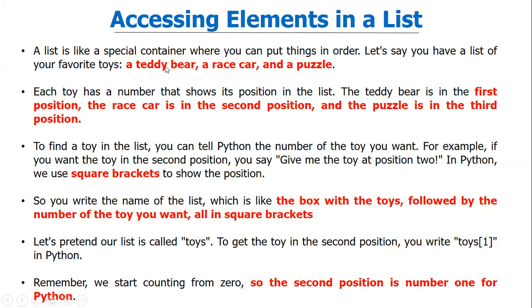This is 0. This is 1. So it's going to pull out race car, and this represents the second position of the toys that we have. So always the count actually starts from 0. So even though this is our third one, when we want Python to pull out puzzle, this one becomes 2. So 0, 1, 2.